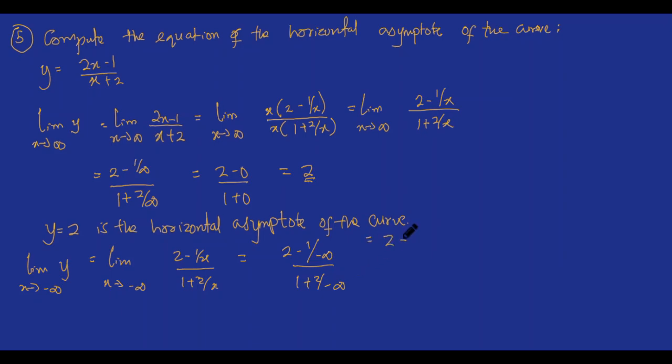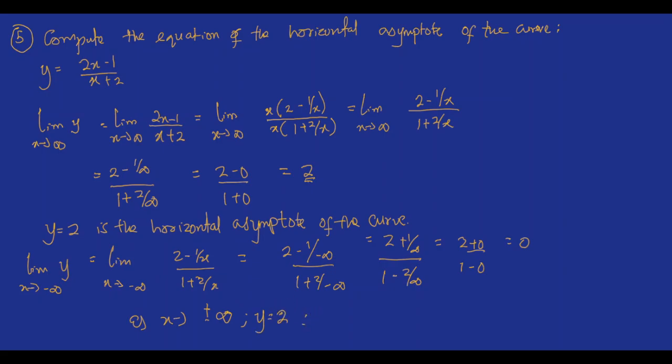This becomes 2 plus 1 over infinity divided by 1 minus 2 over infinity, which still gives 2 plus 0 divided by 1 minus 0, equal to 2. So as x tends towards plus or minus infinity, y tends towards 2.